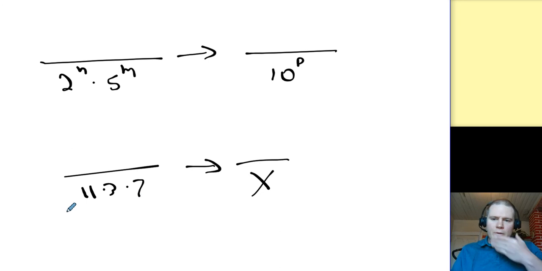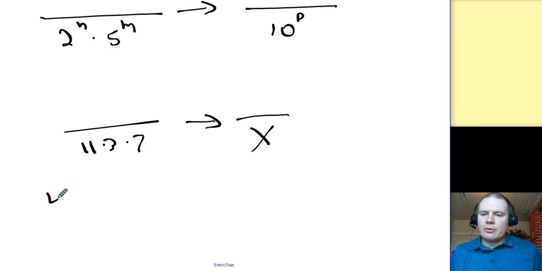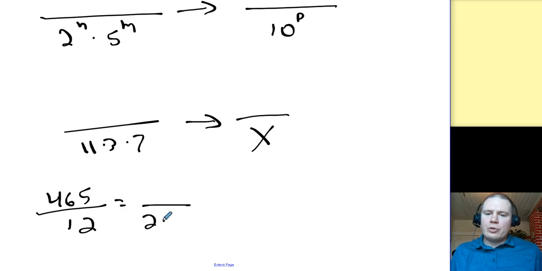So let's say I take 465 divided by 12. That's got 2 and 2 and 3. Well, 465 is a multiple of 3. 465 divided by 3.